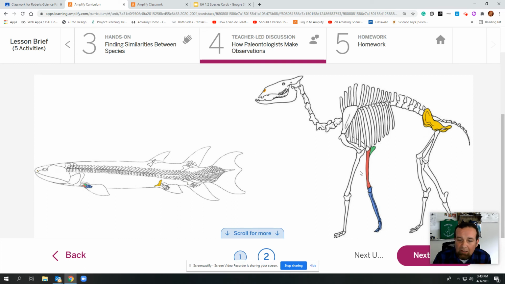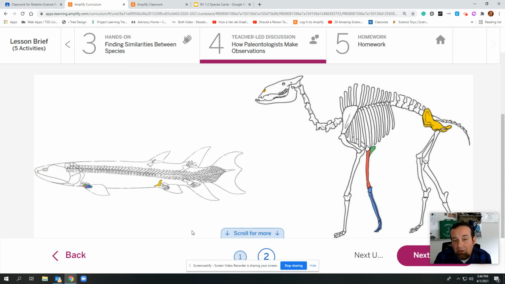And we can see that here on this creature. And then on our fish over here, we can see it does have a pelvis, a very tiny one, shaped very differently. Same thing for the lower leg, along with the upper leg. And this would be the hip here, the green is the hip.